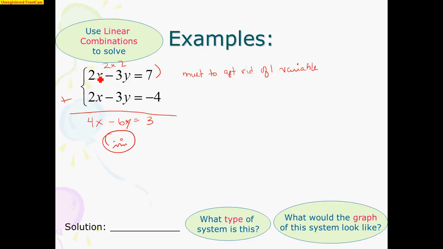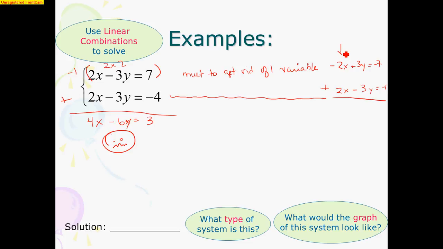So I'll take this equation, multiply it by negative 1, which means I now have negative 2x plus 3y is equal to negative 7. Then I just bring this one over, and I get 2x minus 3y is equal to negative 4. And now I add down.